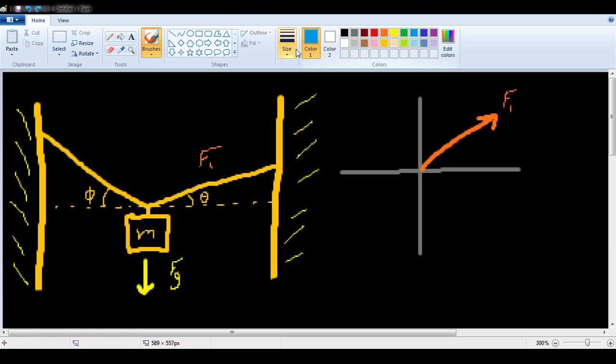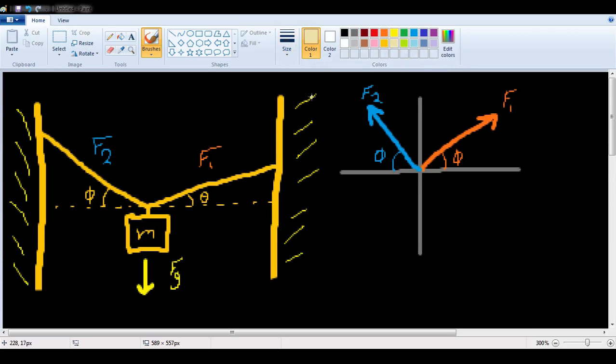And in a different color, I'm going to draw on your force number 2, which is from the other string, obviously. And that will be at an angle phi. And this will be at an angle theta.